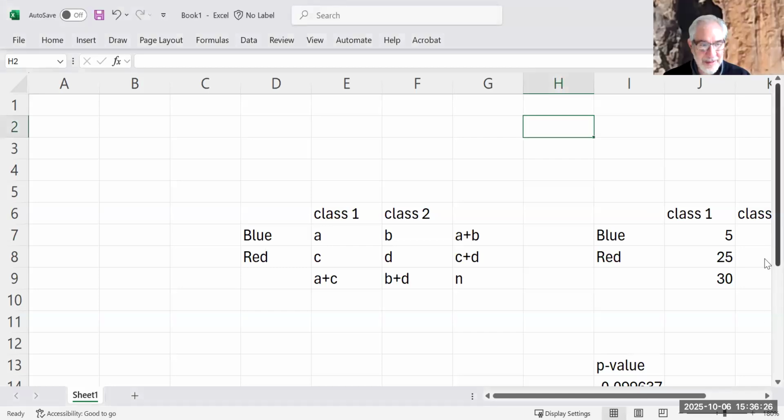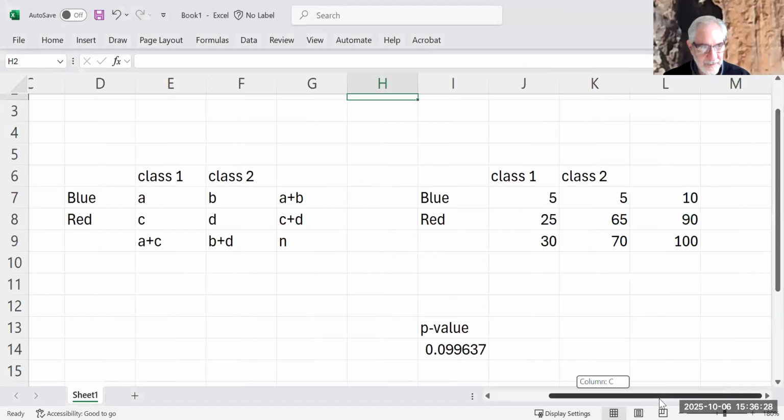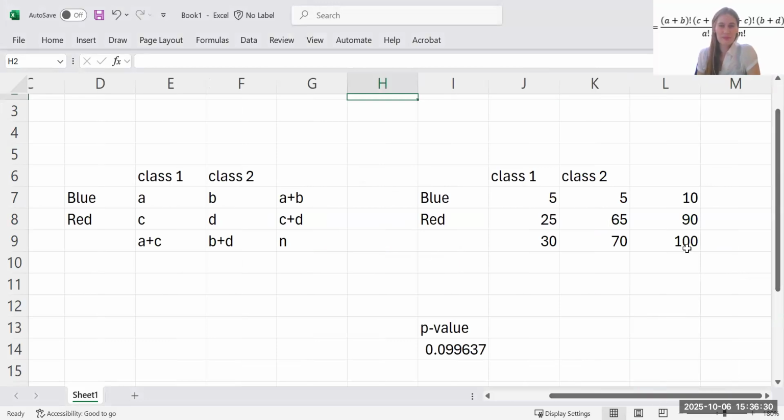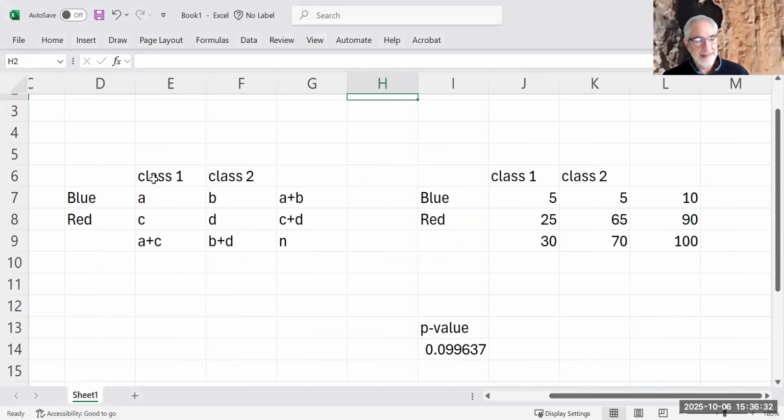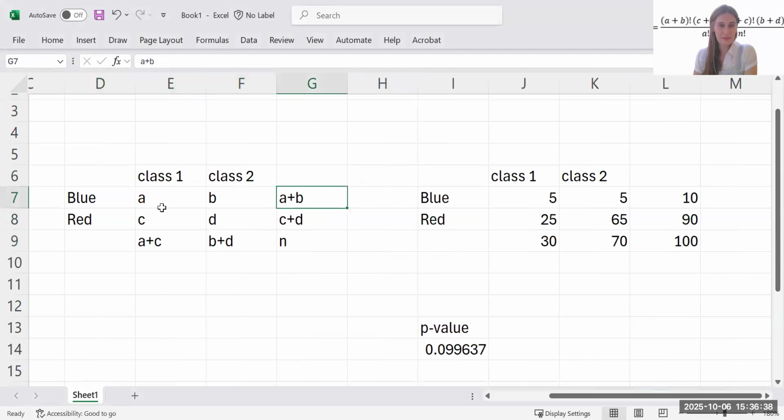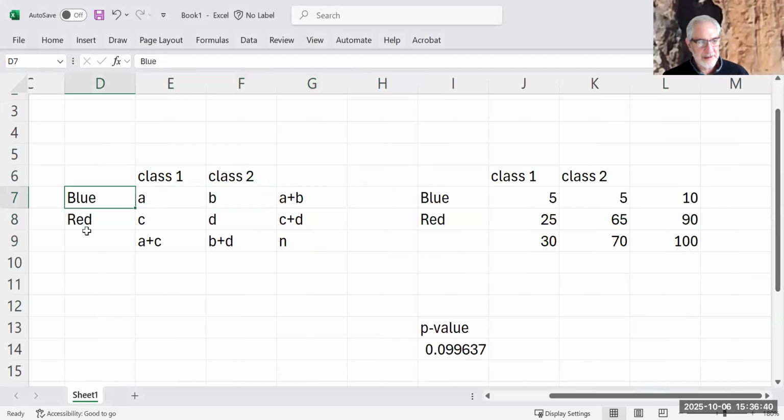All right, so we went through a little bit of an example here, and we laid out a contingency table. That's kind of what I have here. We have two different categories, blue and red, and two different categories, class 1 and class 2.